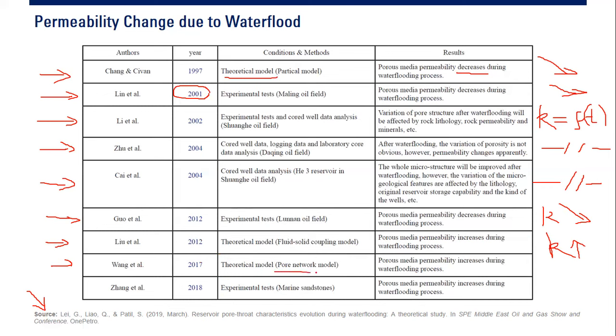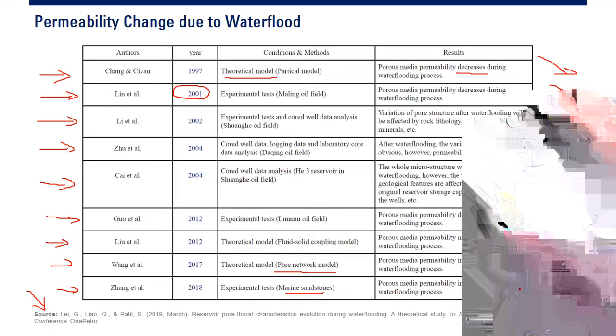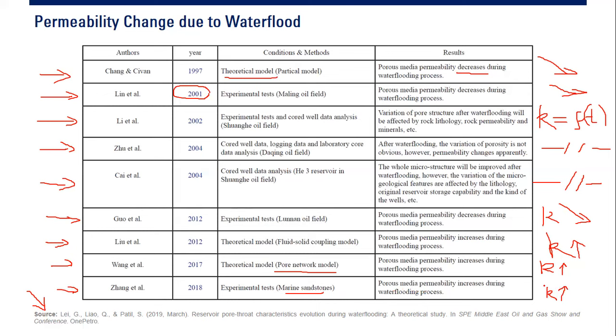They use pore network model, right? And Zhang et al., experimental test using marine sandstone. They said that permeability increases during water flood. So we have some papers that say permeability will decrease. Some papers said that permeability will increase. Some other papers said that permeability will change throughout the water flood.